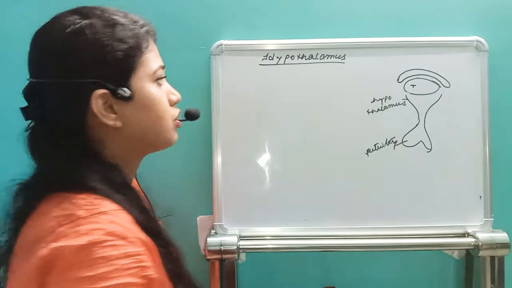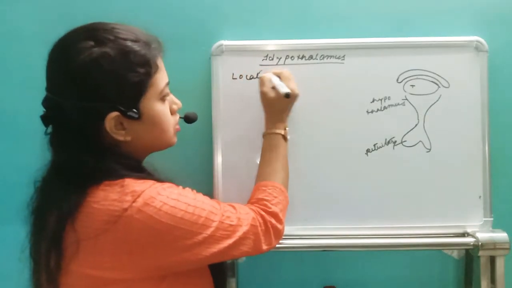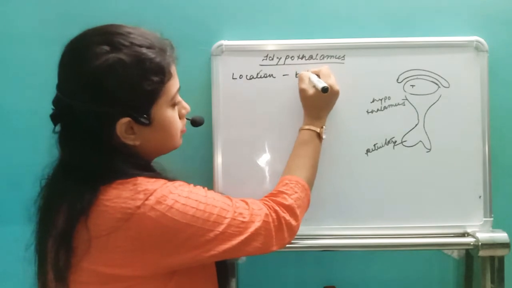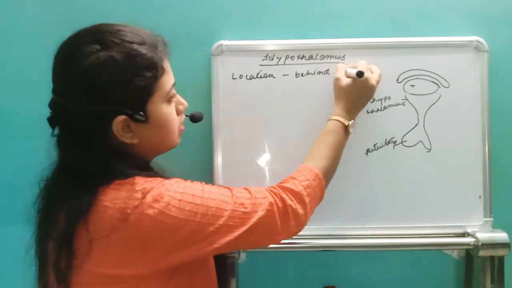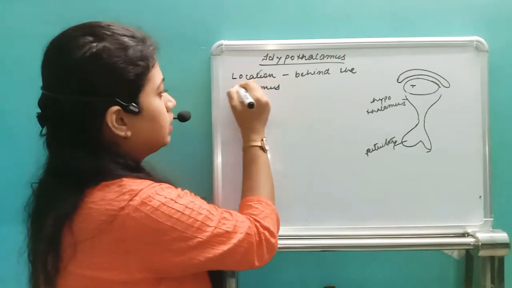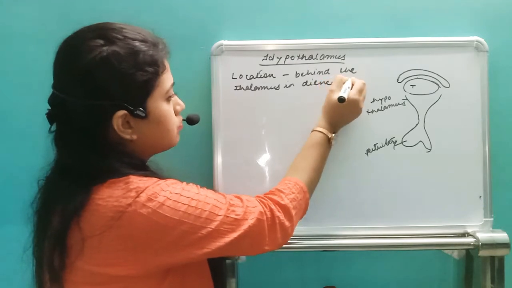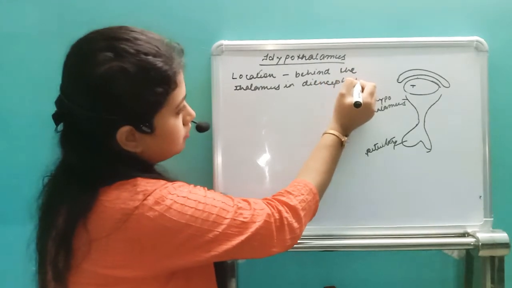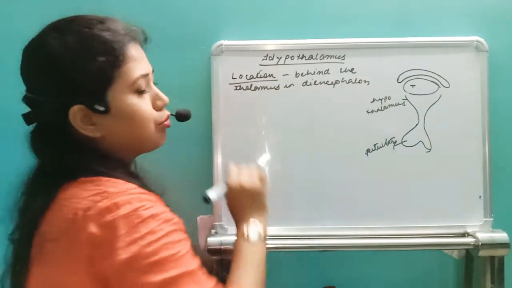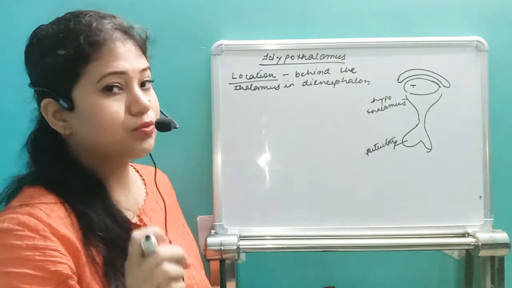First of all, the hypothalamus. What is the location? The location of the hypothalamus is just behind the thalamus, in the diencephalon. This hypothalamus secretes two types of hormones.